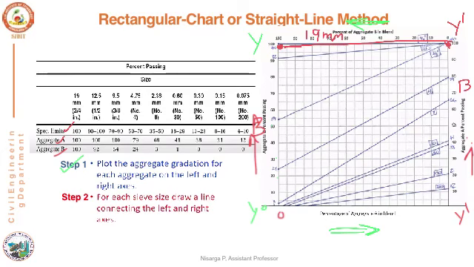For aggregate A, the percentage passing is once again 100%.